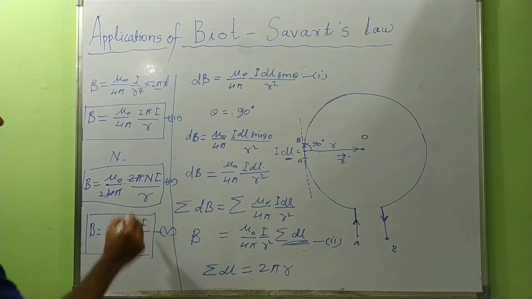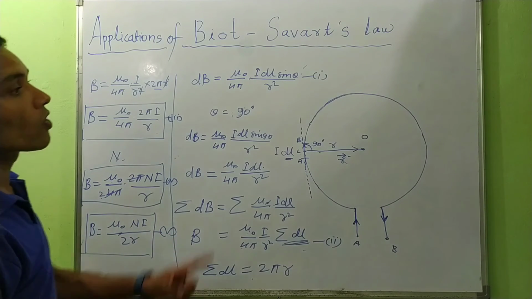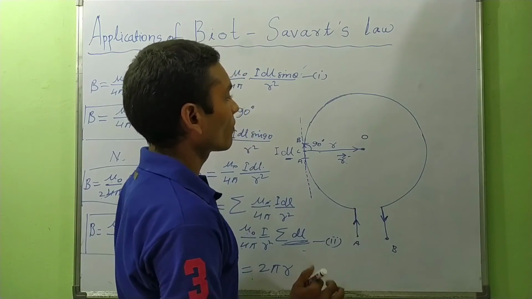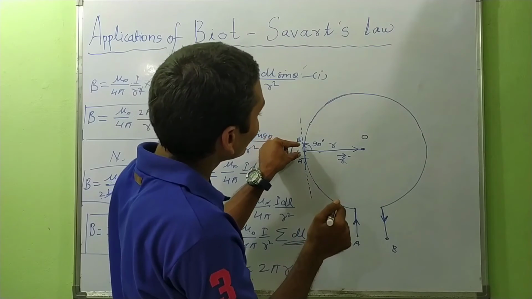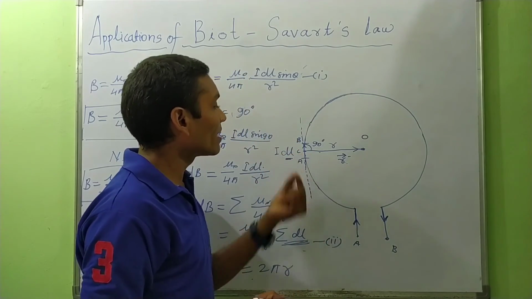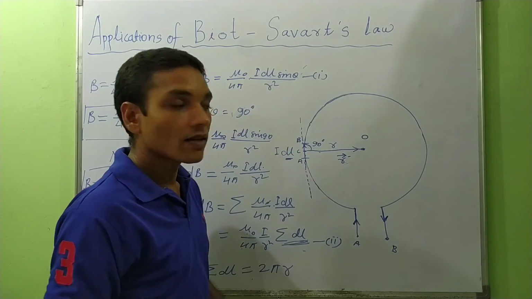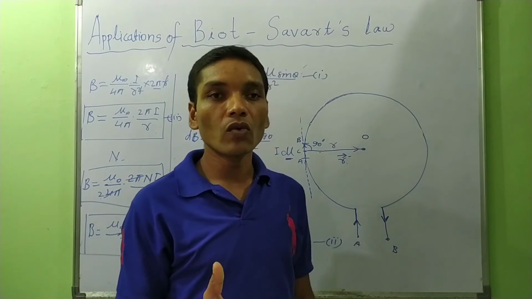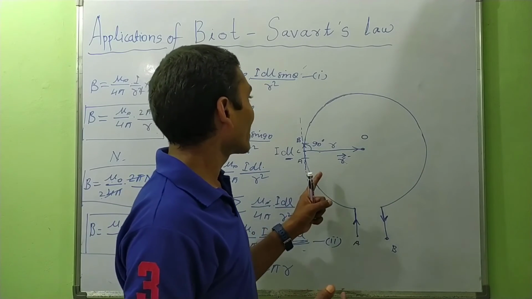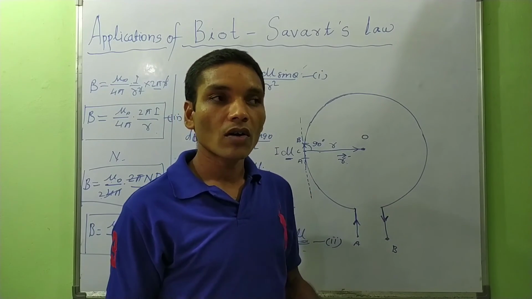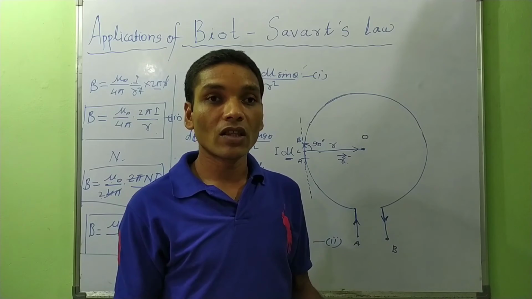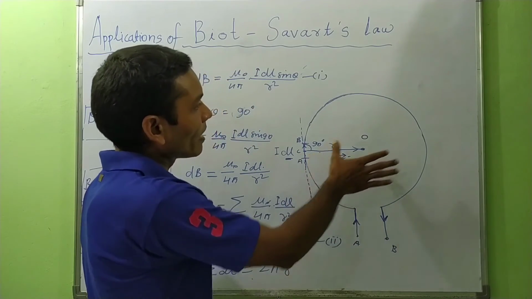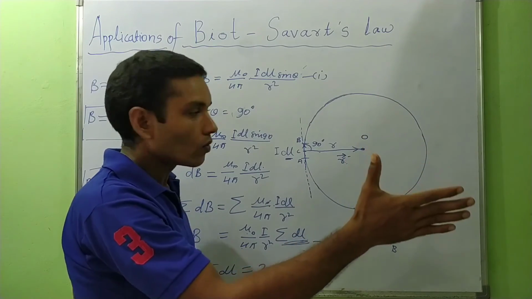This is equation 5th. Now what will be the direction of magnetic field at the center of this circular loop due to this current element? You can find it by the right hand palm rule, or Maxwell's right handed screw rule, or by the right hand thumb rule. Okay, so it will be easy applying the right hand palm rule.